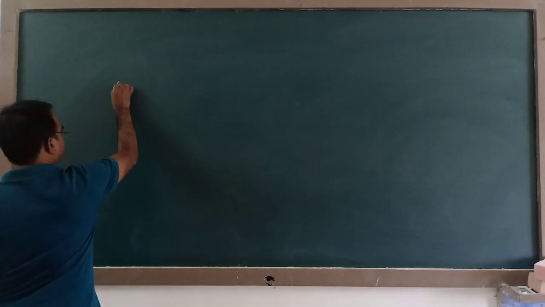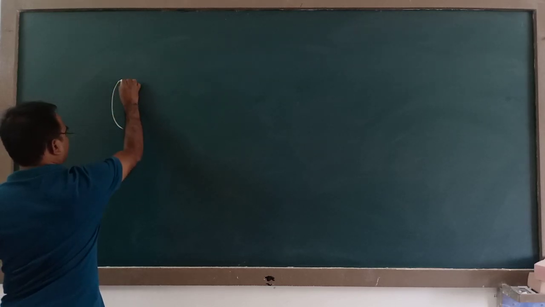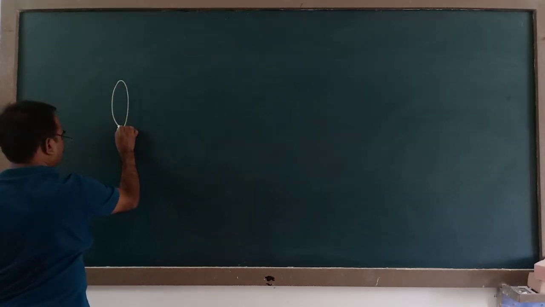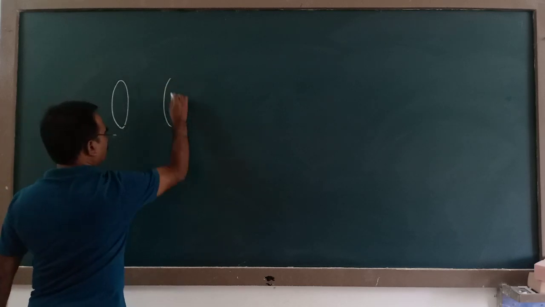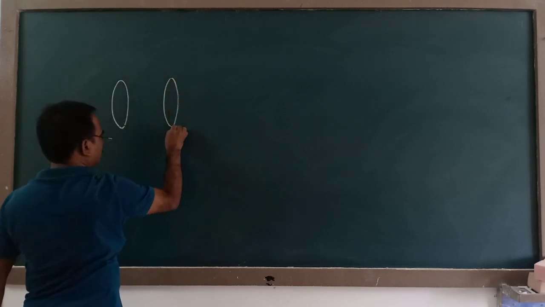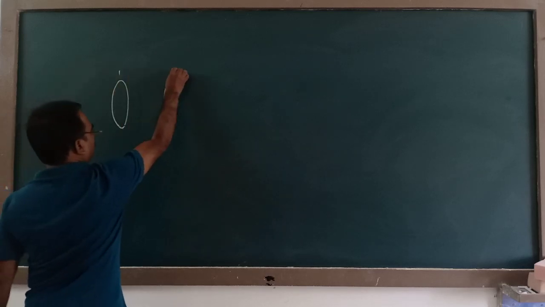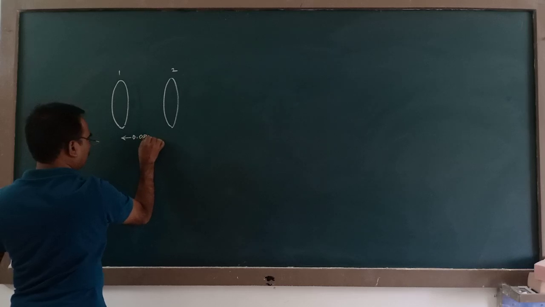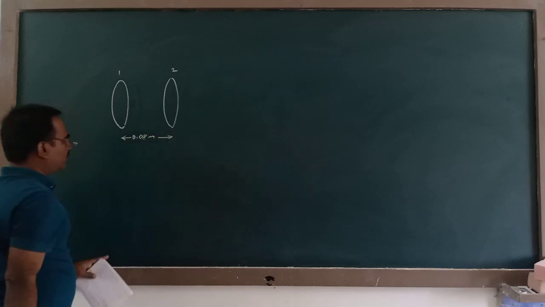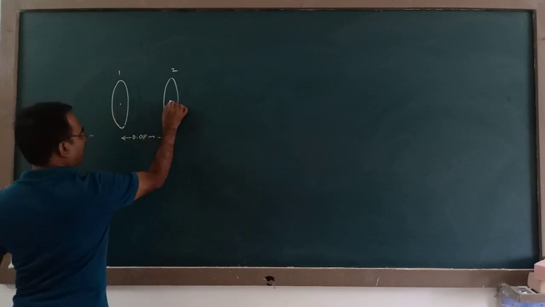Here, these are the two identical coils, 1 and 2. These two are separated by 0.08 meter. They are placed coaxially.